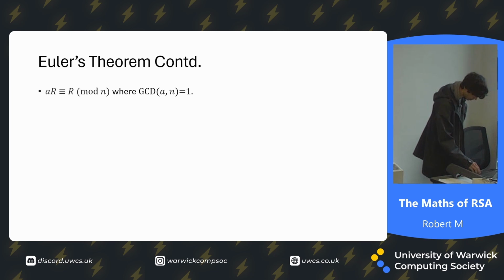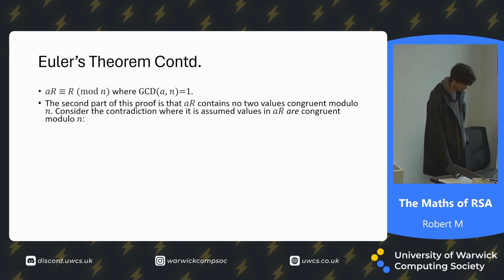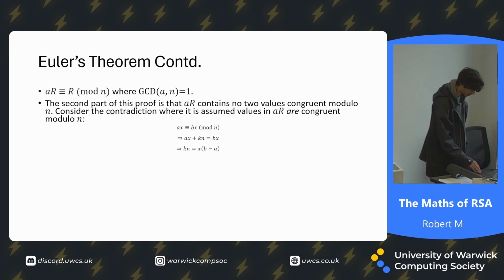Continuing with this, the next part of the proof is to show that there are no two values in AR congruent modulo n. To do this, we consider a contradiction, where it's assumed that there are values in AR that are congruent modulo n.